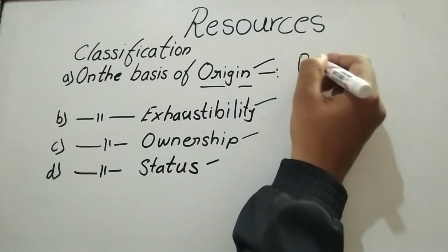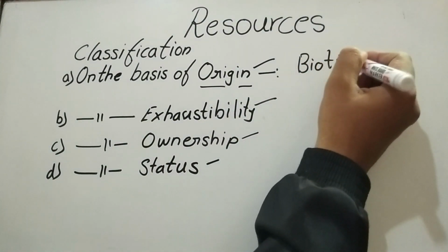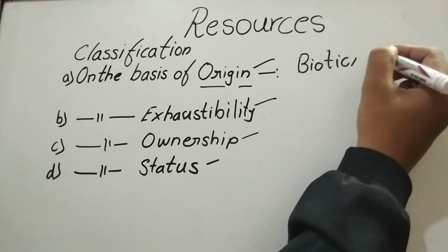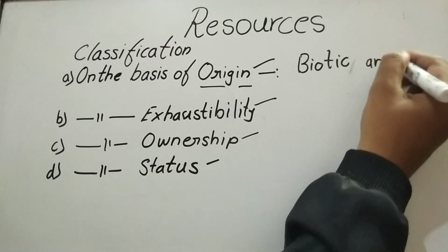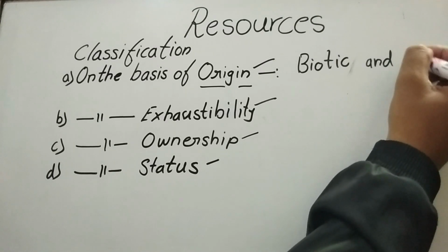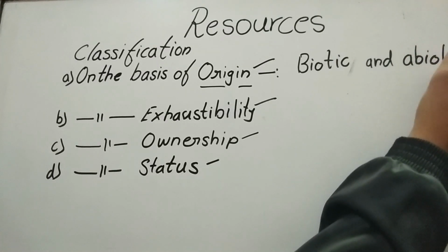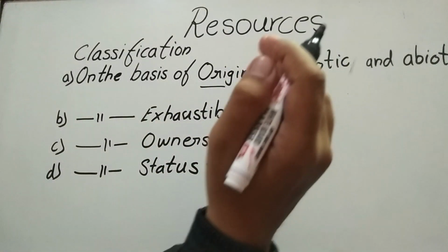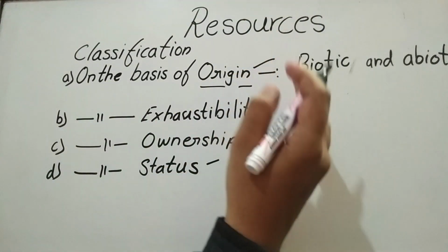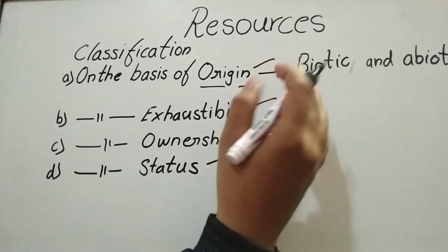Section A, biotic and abiotic. Biotic resources are the resources which we got from living beings.